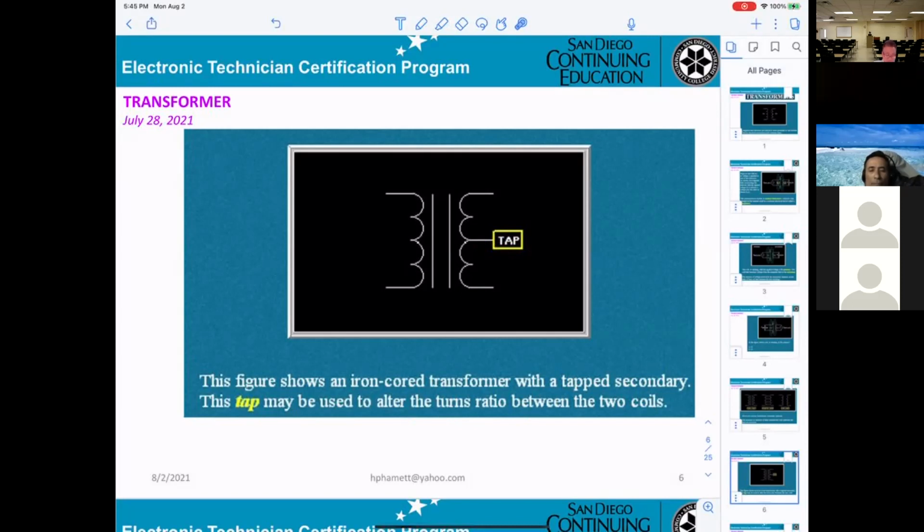So this transformer is called a center tap transformer. That means they divide the secondary into two parts, one here and one here. They will be the same value, but opposite. Okay?